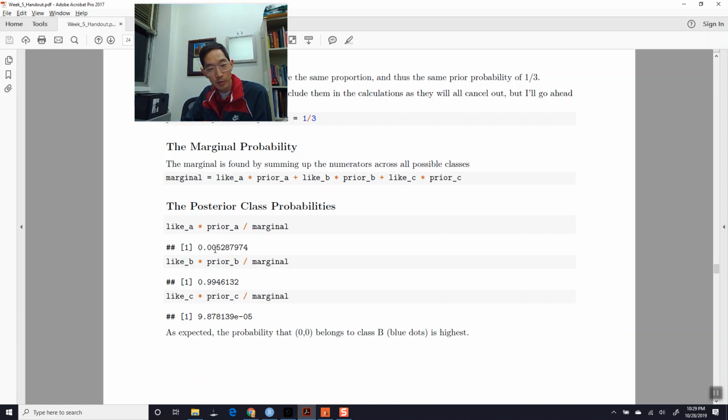It belongs to class A with probability 0.005, and probability of class C practically 0, on the order of 10 to the negative 5, so very small. So around 99% probability that it belongs to class B, all right, so very, very high probability there.